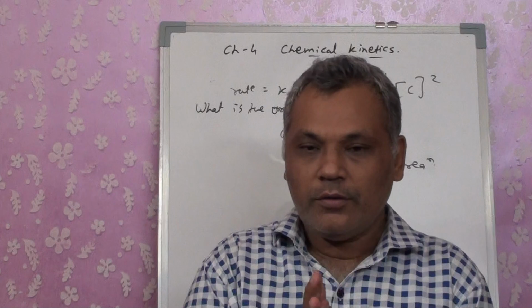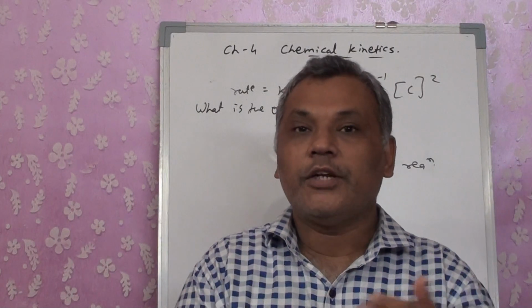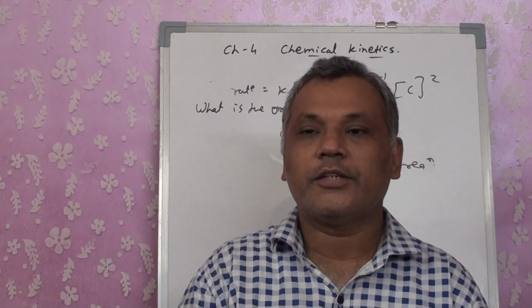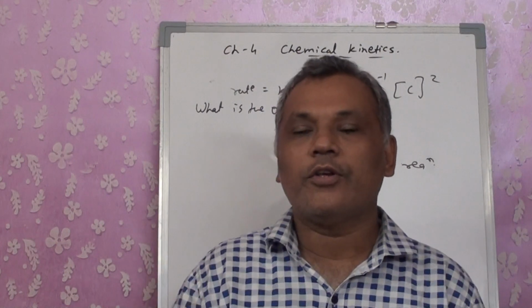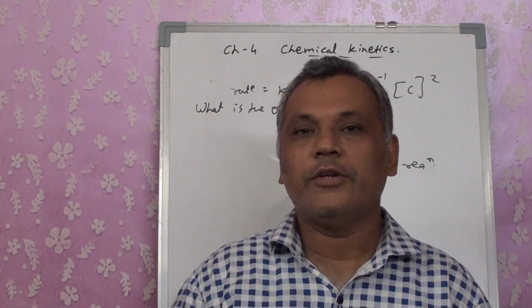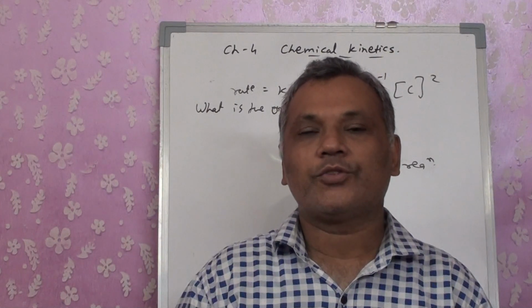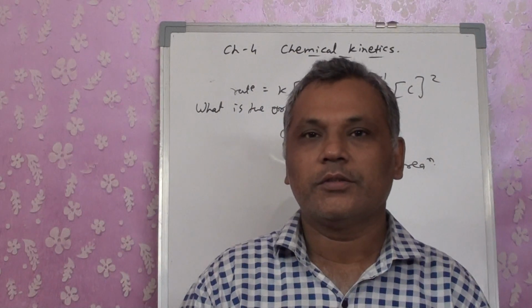So today you understood how to calculate the rate change if the concentration of the reactants is changed. We did one numerical for it. We saw how to calculate the order of reaction from the rate constant or from the given reactions, as well as we understood what is the order of reaction, molecularity and rate constant.